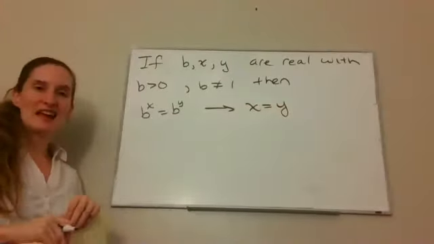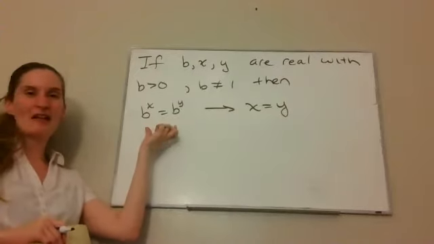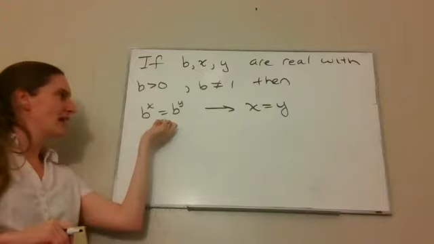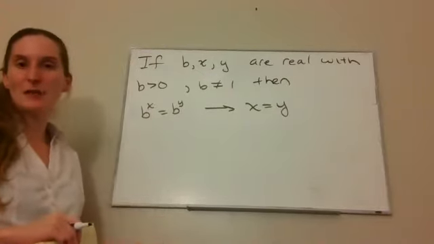So this is saying if you have two exponentials and the bases are identical and they're set equal to each other like this, well then the exponents have to be equal as well.